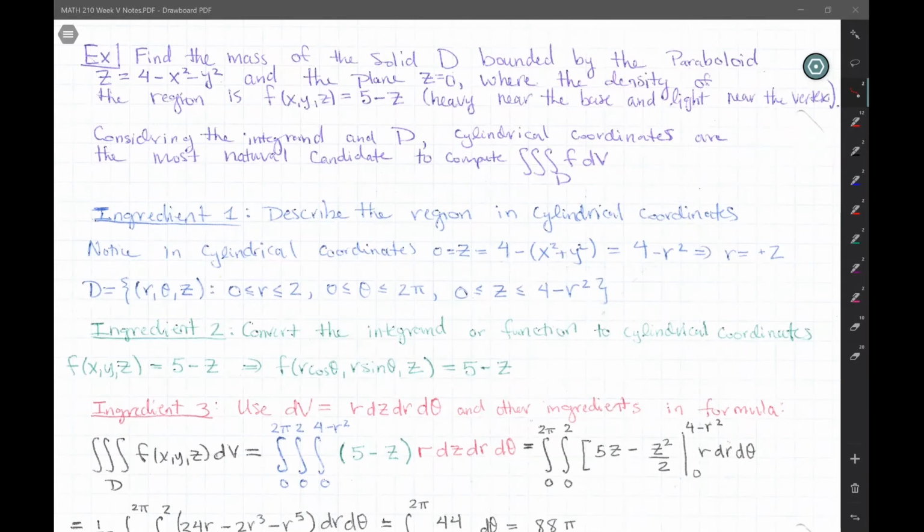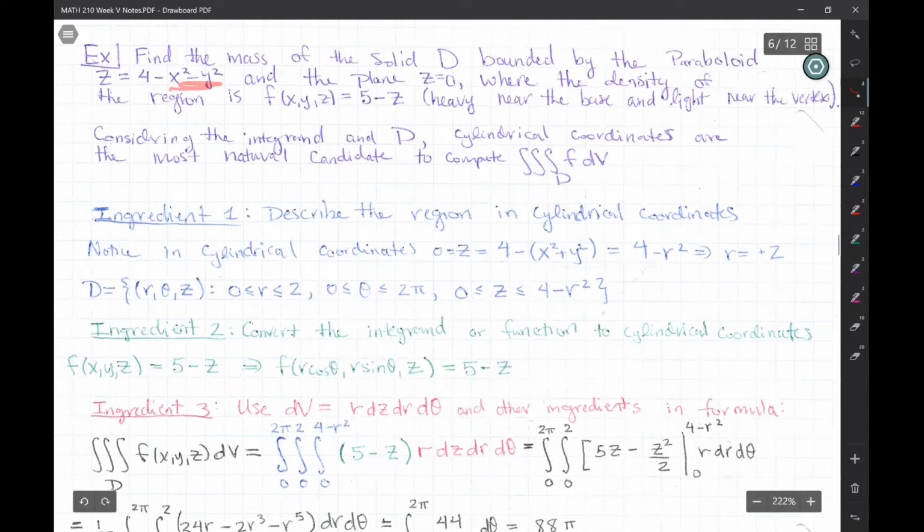So how do we convert to cylindrical coordinates? Well, before even discussing that, why should we convert to cylindrical coordinates? Something to notice here is that the domain given by this paraboloid as a bound looks like it has this minus x squared minus y squared, which could be factored to minus x squared plus y squared.